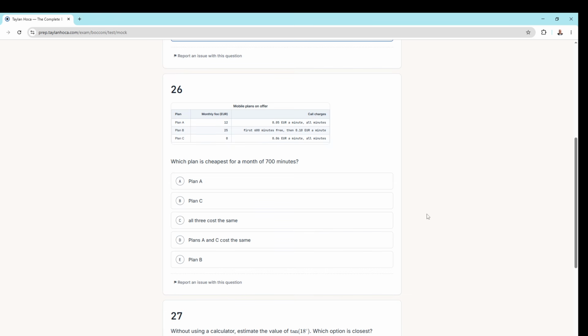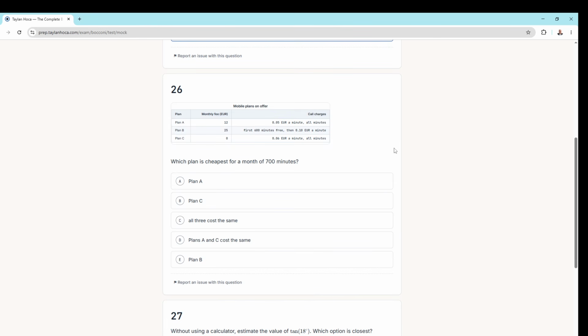Which plan is cheapest for a month of 700 minutes? All right, let's check. 700 minutes. 5 cents a minute, so 700 times 0.05 is like dividing by 20, so 35.